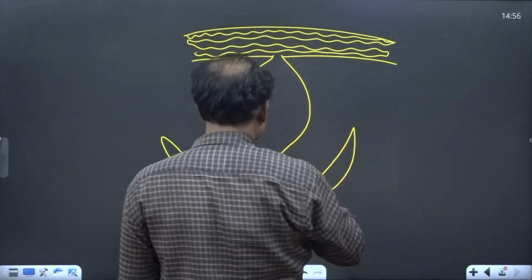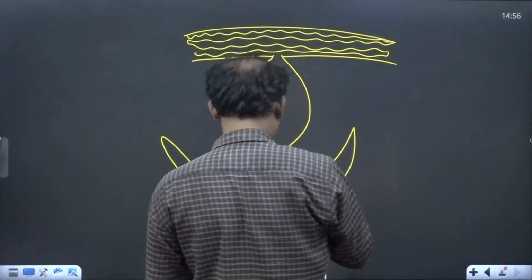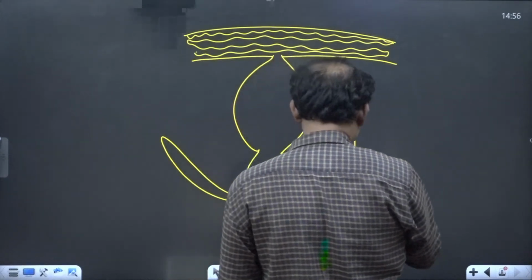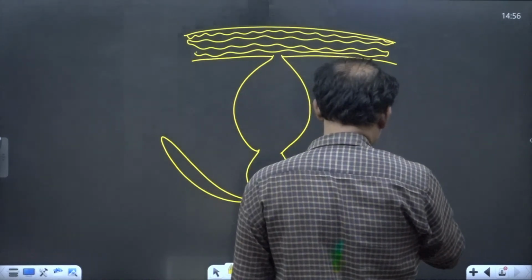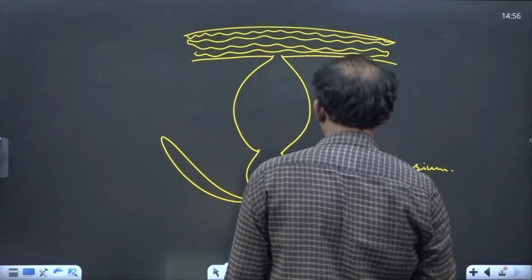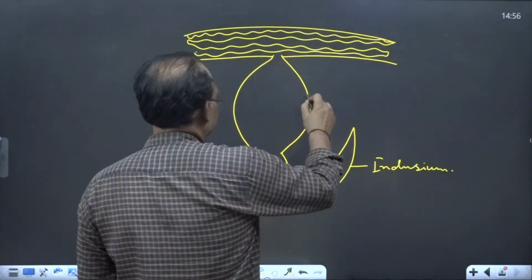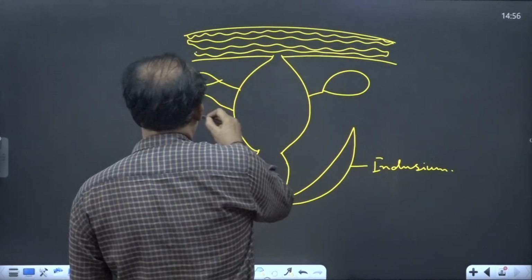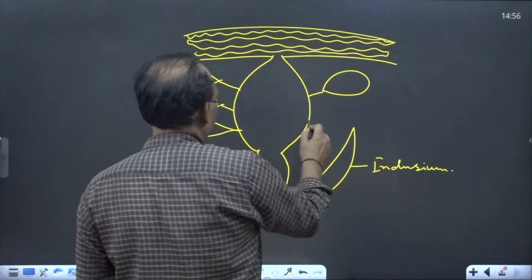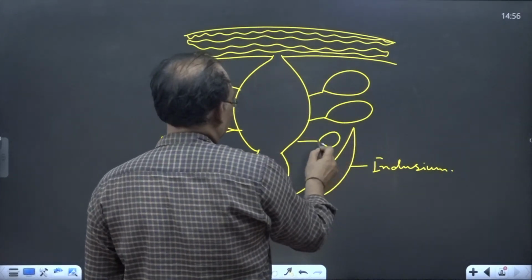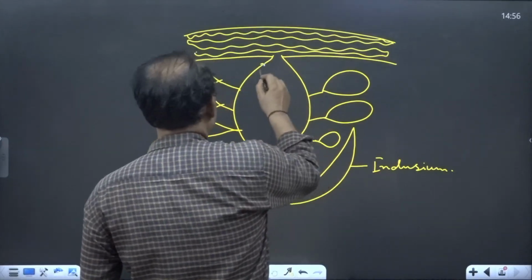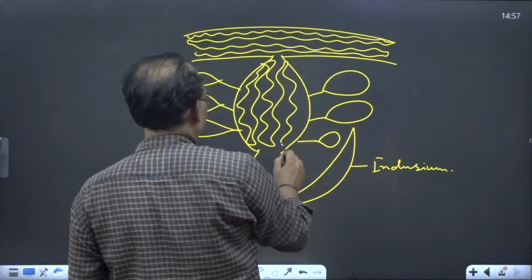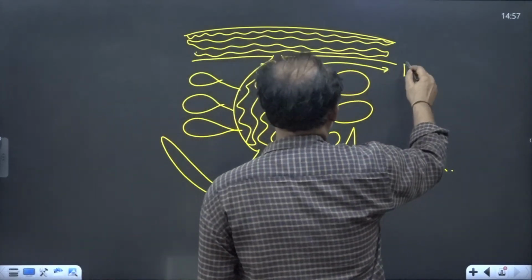This structure is indusium. The spores originate from this structure. This structure is called placenta, no?